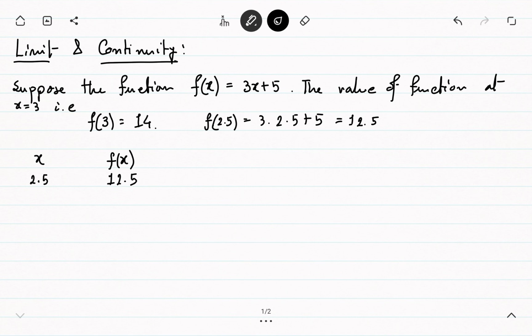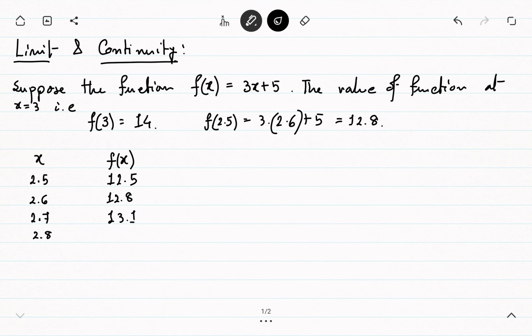Now instead of 2.5, let's take 2.6. It will be 12.8, right? If it is 2.7, and if you calculate, using the calculator, this is 13.1, right?